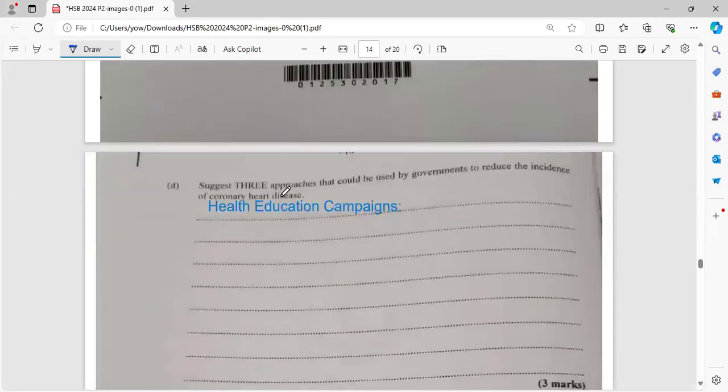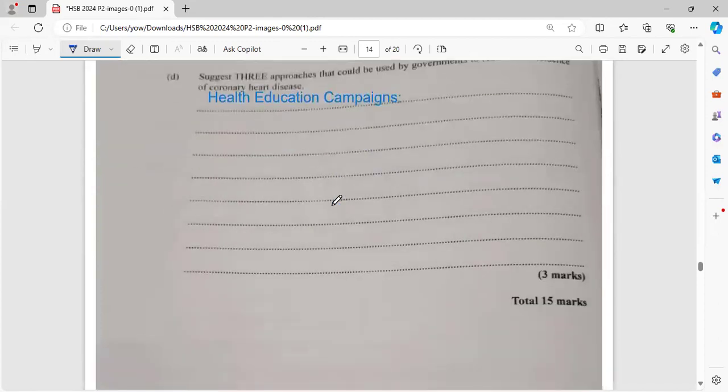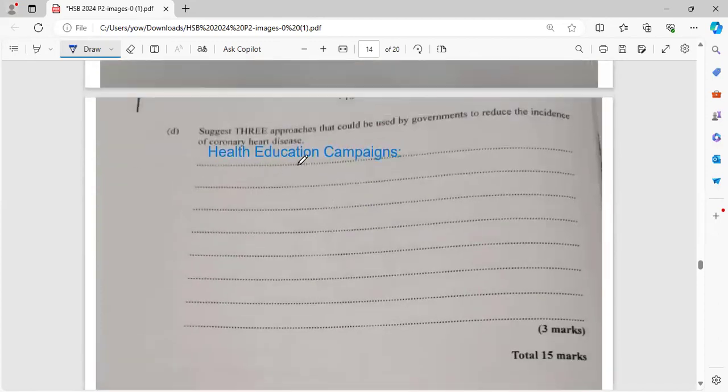So, 3 approaches that could be used by the government to reduce the incidence of coronary heart diseases. So we have a health education campaign, of course. So you can educate on the causes, the effects of the disease, and how you can prevent it, right?